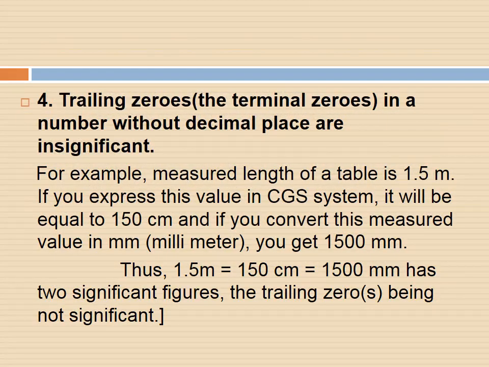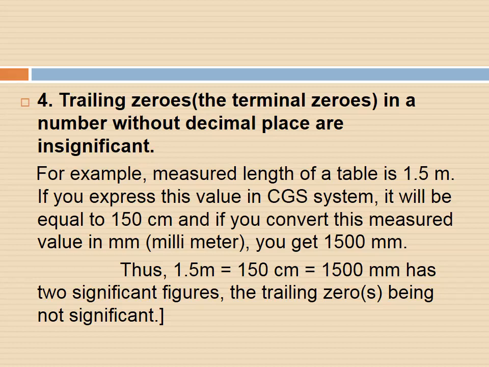Fourth rule is trailing zeros or the terminal zeros in a number without a decimal place are insignificant. For example, the measured length of a table is given to you. It is 1.5 meter. If you express this value in the CGS system, it will be equal to 150 centimeter, and if you convert this value to millimeter, it will be equal to 1500 millimeter.